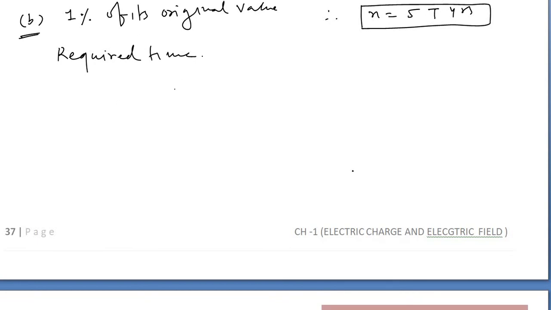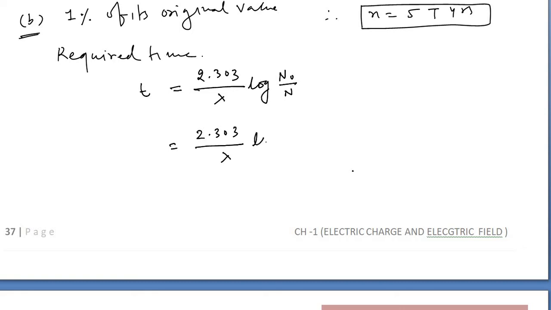So dear student, now the required time is given by a simple formula. T is equal to 2.303 upon lambda log N naught upon N. Okay, this is log base 10. Here we know that the initial number of molecules is equal to 100, and finally it becomes 1%.